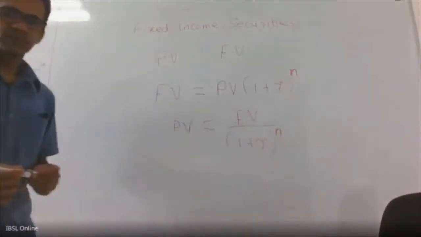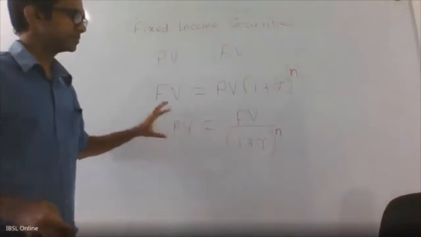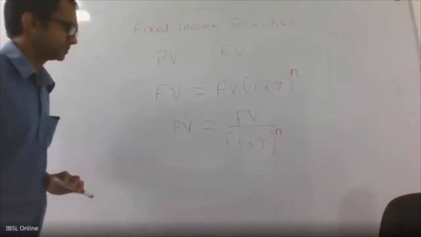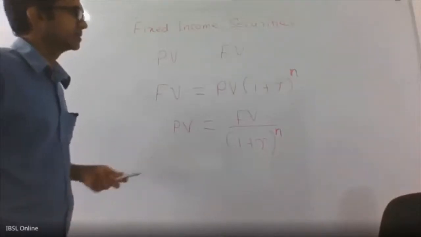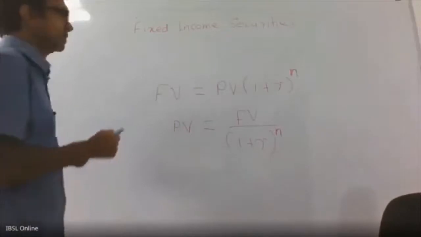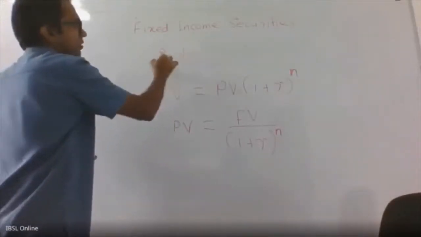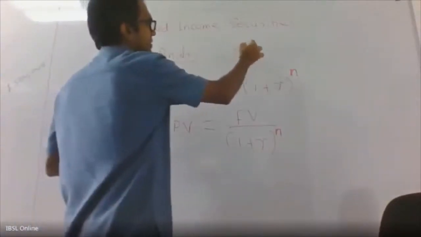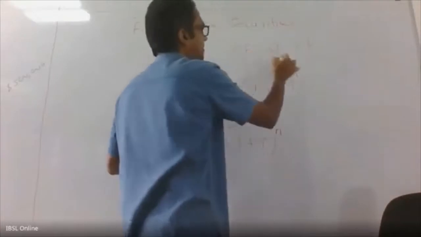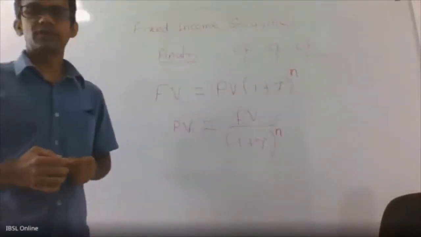So we may use this in this topic. And the other concept is about annuity payments, that means the same cash flow at certain intervals for a specific period.